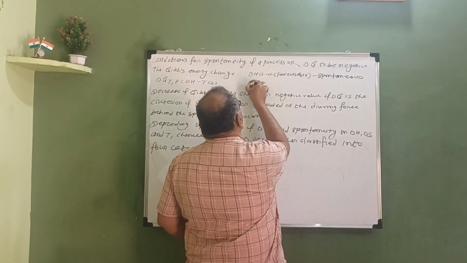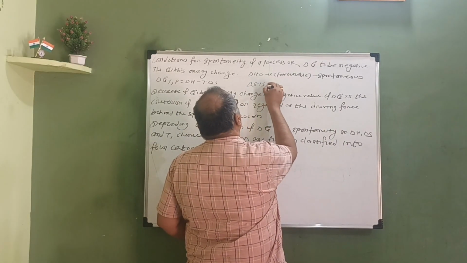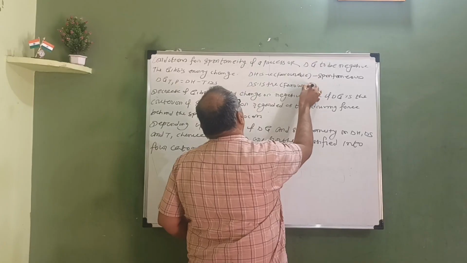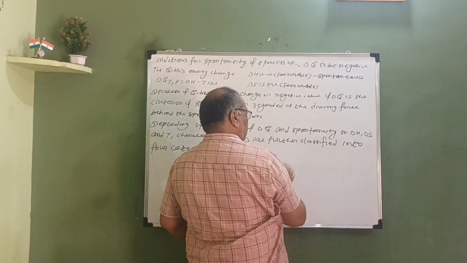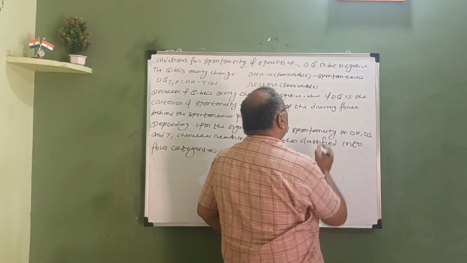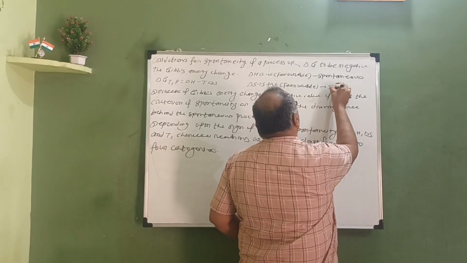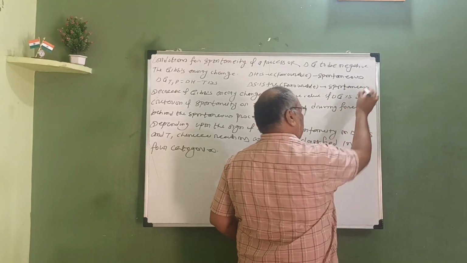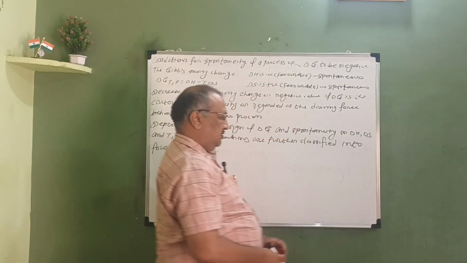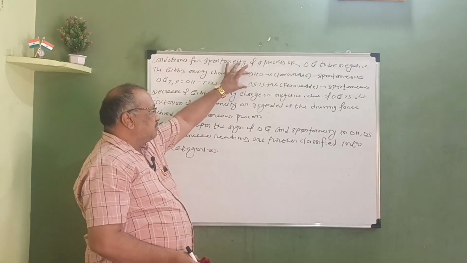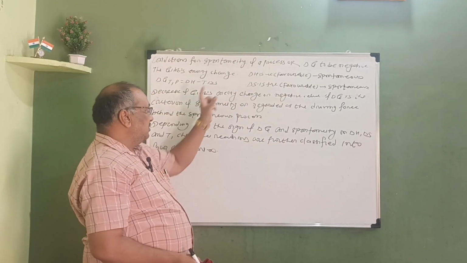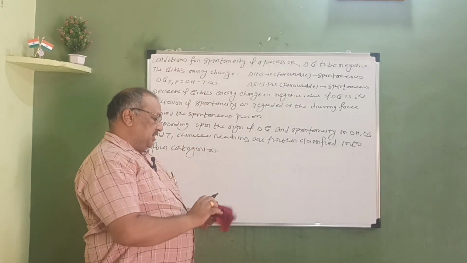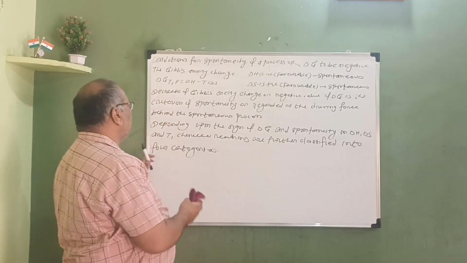And if delta S is positive, this is also called a favorable condition, then the given reaction is spontaneous. And the combined effect of these two parameters is the delta G, and if it is negative, then the given reaction is spontaneous.